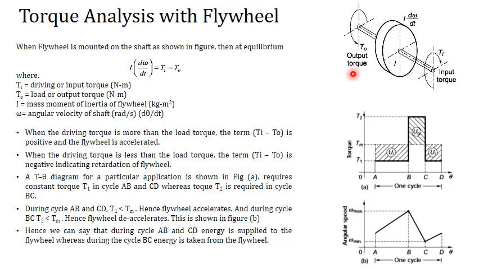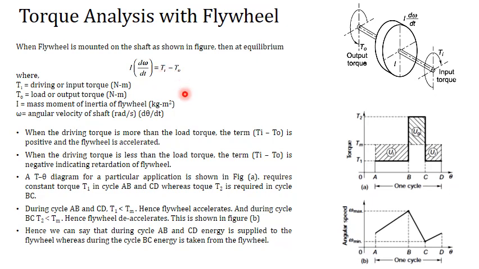If I is the moment of inertia of the flywheel and omega is the angular velocity of the flywheel, the difference of the input and output torque will be balanced by the torque generated by the flywheel. Hence at equilibrium, I into alpha, that is I into d omega by dt, will be equal to the difference of input and output torque.